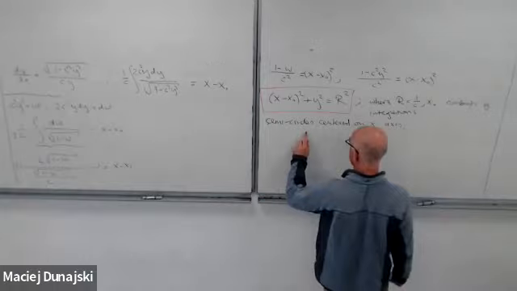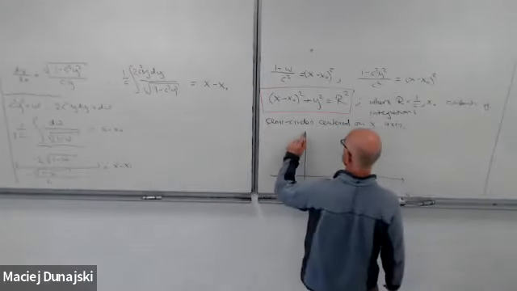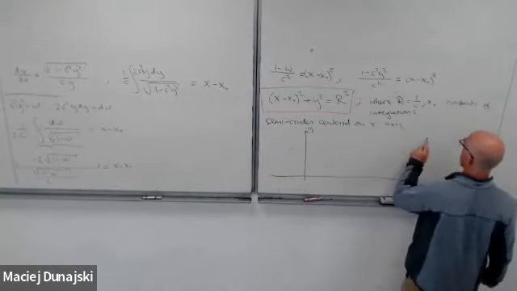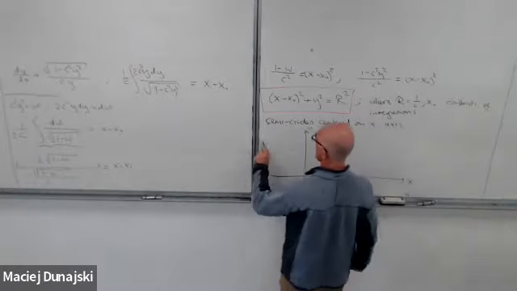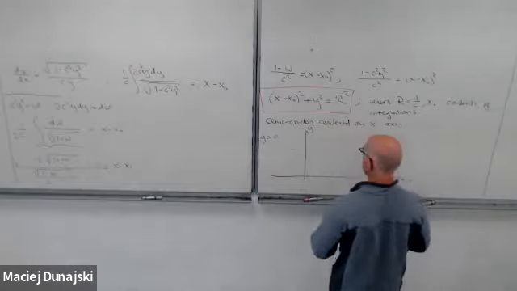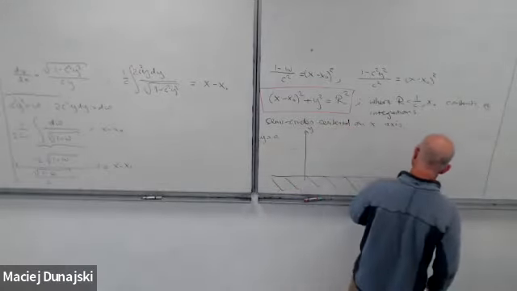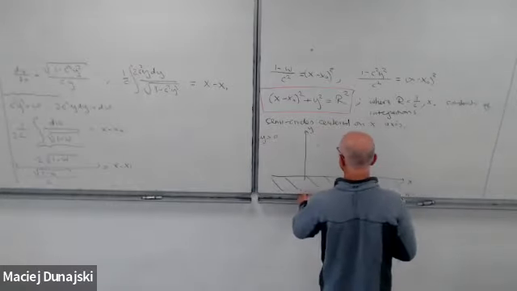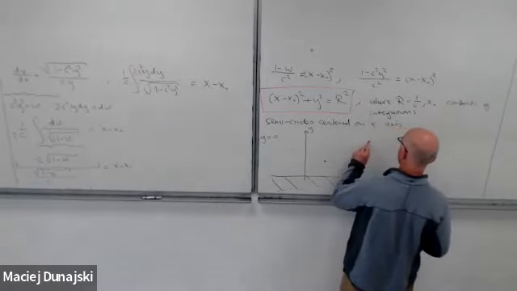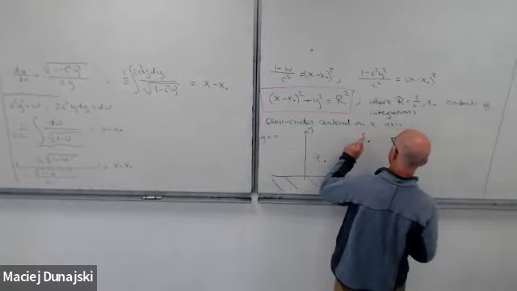So now let's go back to our picture. y is supposed to be greater than 0. Two points, P1 and P2.